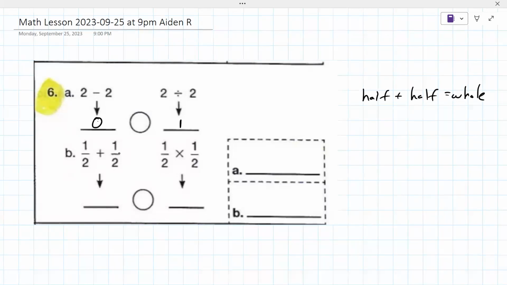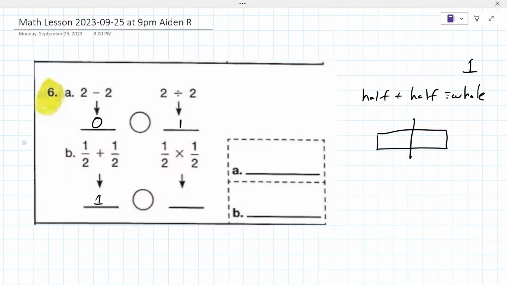Okay, so think about half as being like, I think of a good example, something you cut in half. I'm thinking of a big sandwich. You cut it in half, you take the 2 halves and you put them back together and you get the whole. The whole is 1.